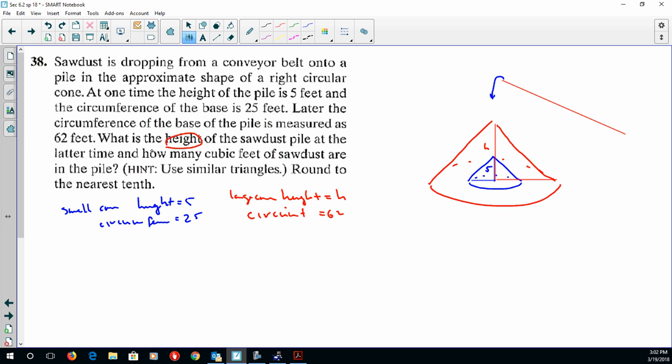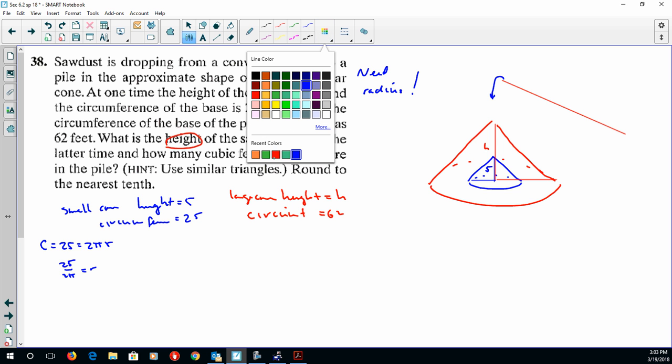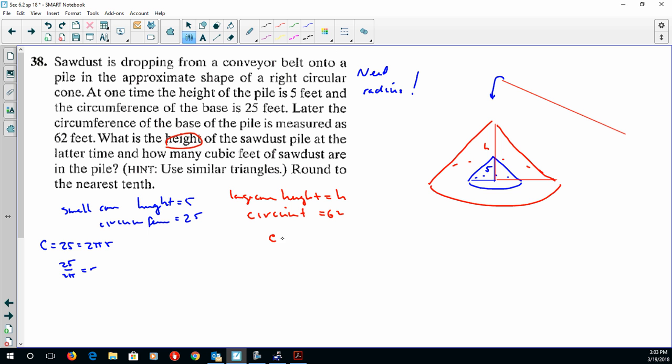For this small cone, the circumference is 25. And remember what circumference is? It's 2 pi r. So 25 over 2 pi equals r. For the large cone, circumference is 62, 2 pi r, so 62 over 2 pi equals r.